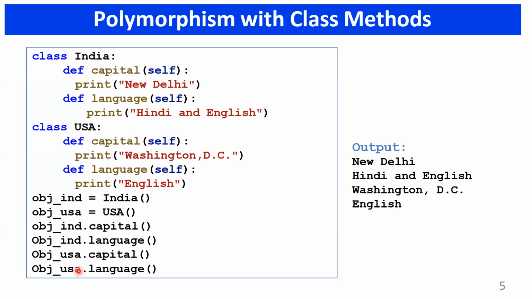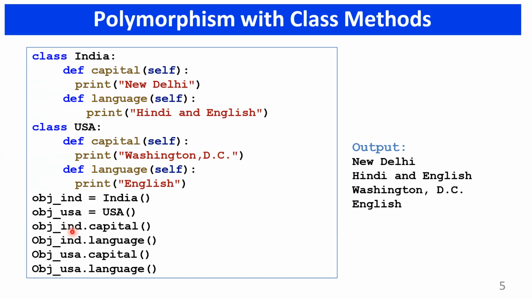And similarly, obj_USA dot language is going to invoke the method of the class USA. So though we have the same method names in both the classes, depending on the type of object, it is going to invoke the corresponding method.